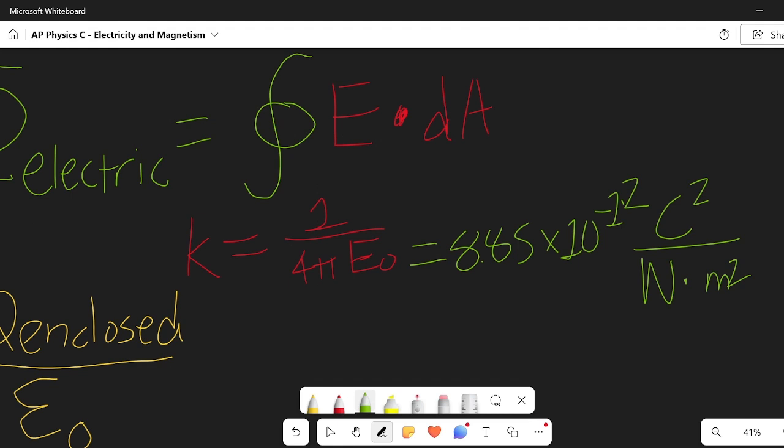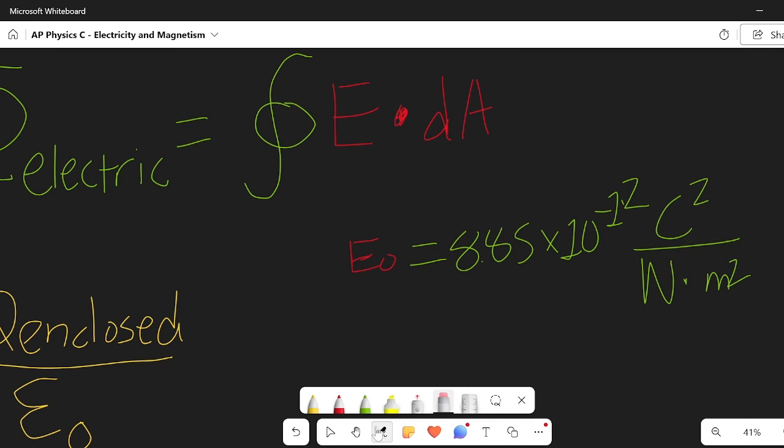Sorry, yeah, so it'll be in this: coulombs squared divided by newtons times meters squared. This is the units of the electric permittivity of space. Actually, let's just make this less confusing. So E naught is equal to 8.85 times 10 to the negative 12 coulombs squared over newtons times meters squared.